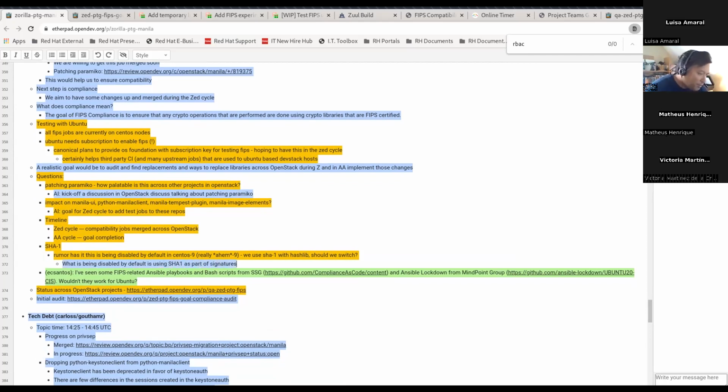It is possible to do it if you pass in a particular parameter, but if you don't have to, then it's better to change to use something that is not SHA-1 as part of a signature. In any case, under FIPS, it is not allowed to use SHA-1 as part of a signature.